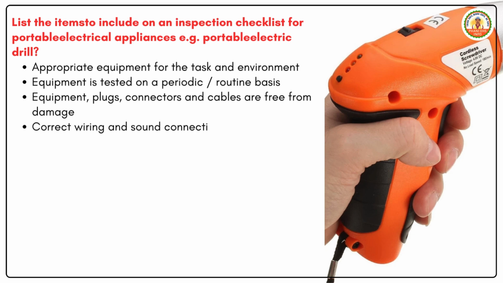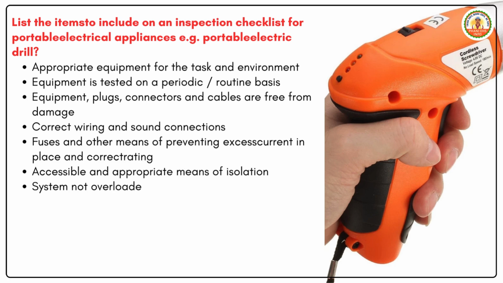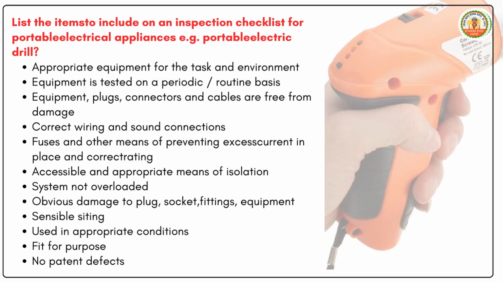Fuses and other means of preventing excess current in place and correct rating. Accessible and appropriate means of isolation. System not overloaded. Obvious damage to plug, socket, fittings, equipment. Sensible siting. Used in appropriate conditions. Fit for purpose. No patent defects.